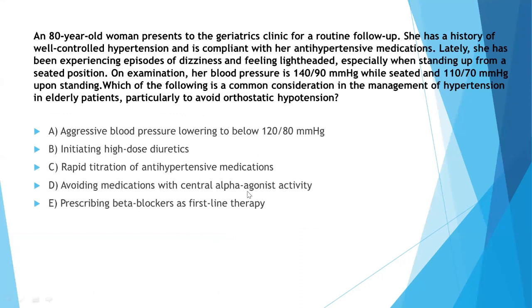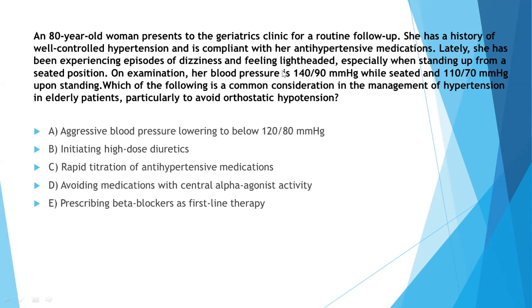Now, which of the following is a common consideration in the management of hypertension in elderly patients, particularly to avoid orthostatic hypotension? An 80-year-old woman presents to the geriatrics clinic for a routine follow-up. She has a history of well-controlled hypertension and is compliant with her antihypertensive medications. Lately, she has been experiencing episodes of dizziness and feeling lightheaded, especially when standing up from a seated position.